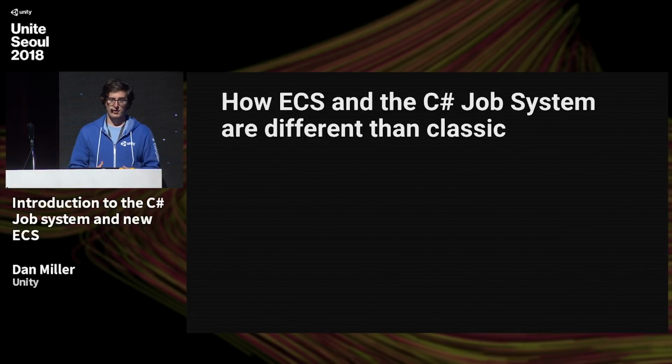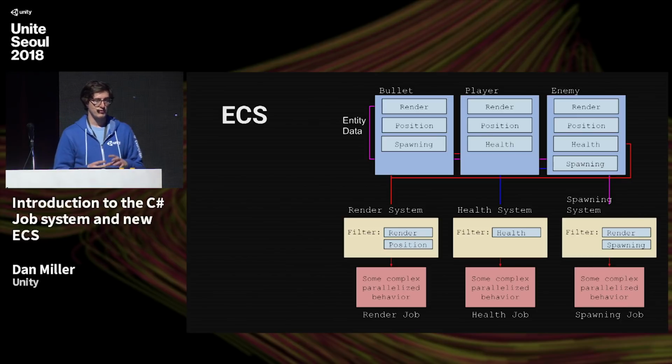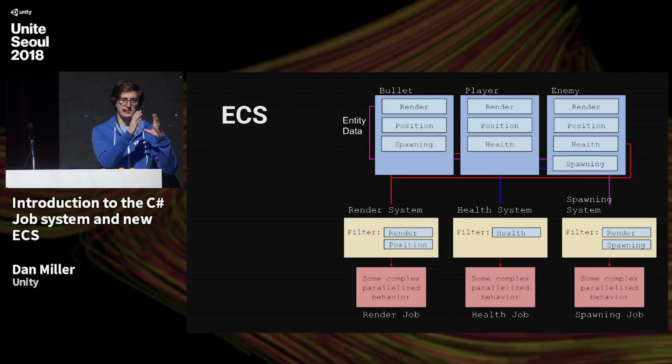So now let's talk about how the ECS and the C# job system are different than Classic and what sort of advantages they bring to Unity. For the ECS, what we're doing is we're specifically grouping groups of data into what we're calling entities. And then with that data, we can lay these out in specific chunks of memory.